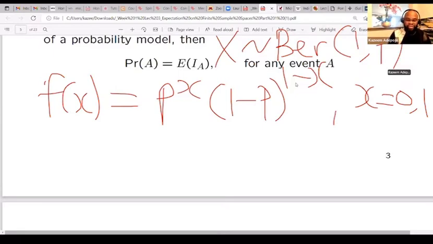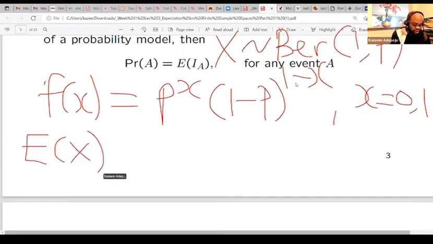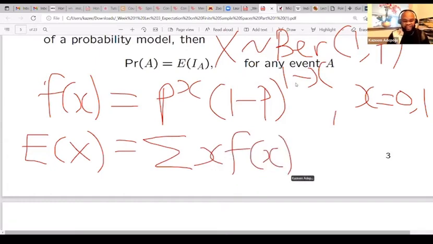Now we want to show that the probability of an event is equal to the expected value of an indicator. How am I going to do that? Remember, the last time I gave you the formula for the expectation when the random variable is discrete: the summation of x f of x. When the random variable under consideration is discrete, the expectation of x is the sum of x f of x.